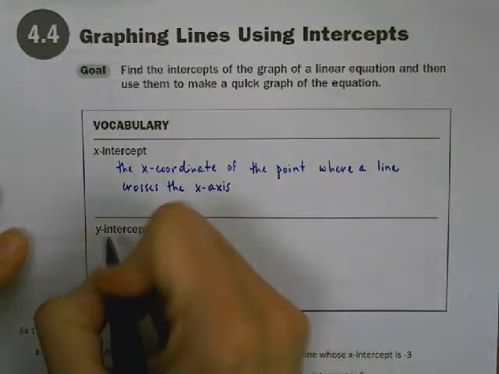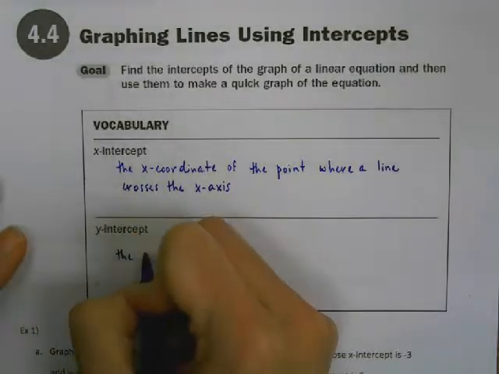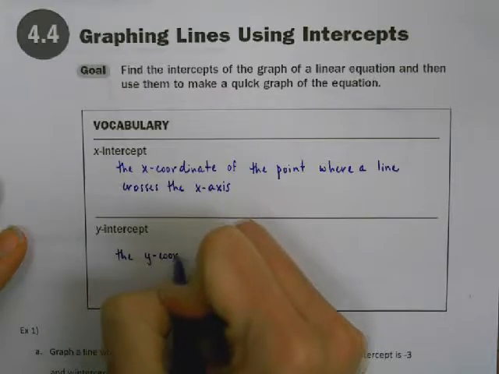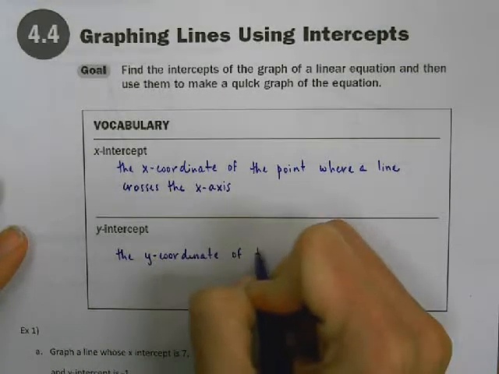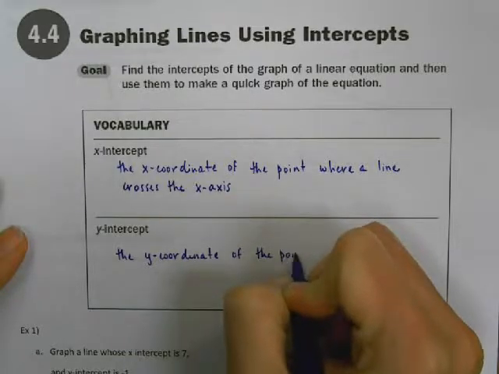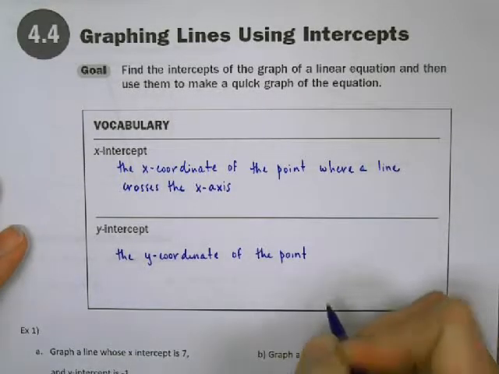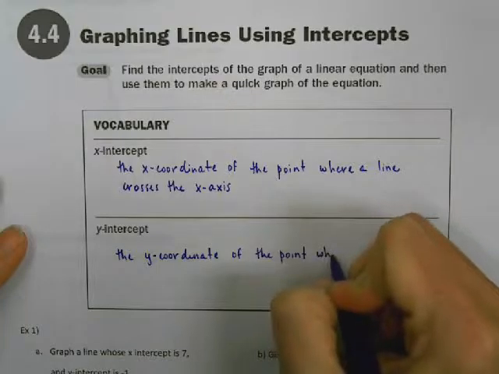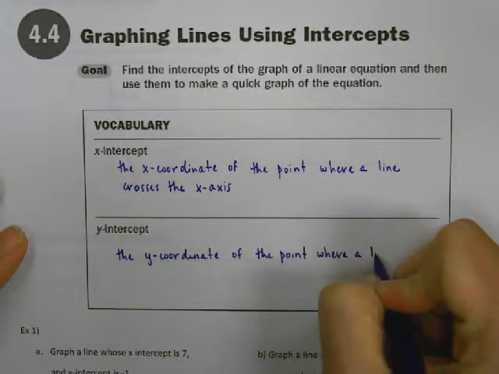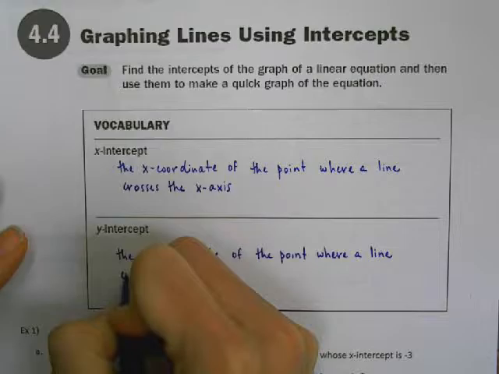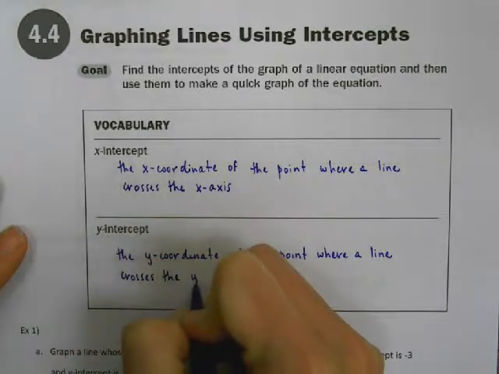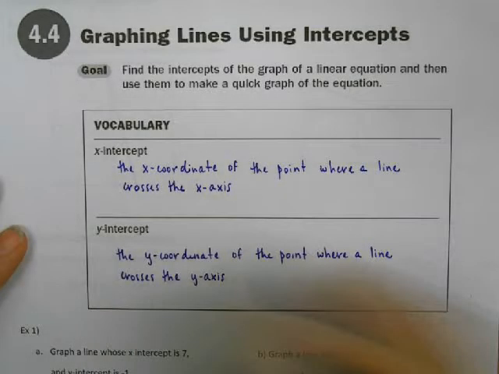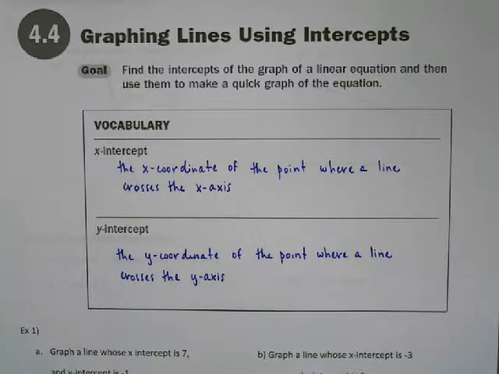Then similarly, the y-intercept is just the y-coordinate of the point where a line crosses the y-axis. Okay, so that's the main vocab we'll be working with.